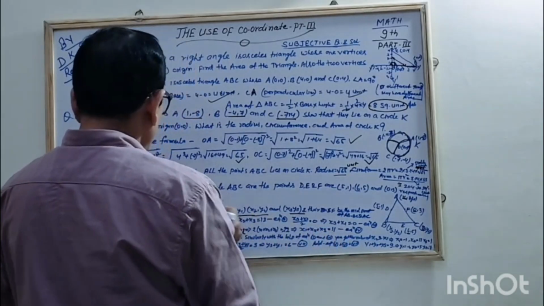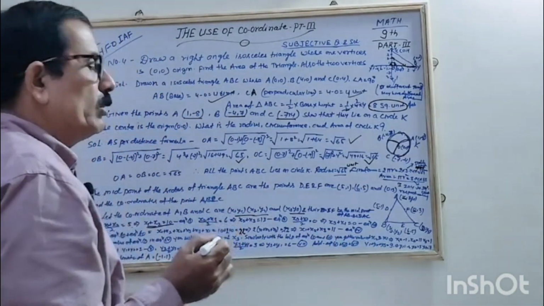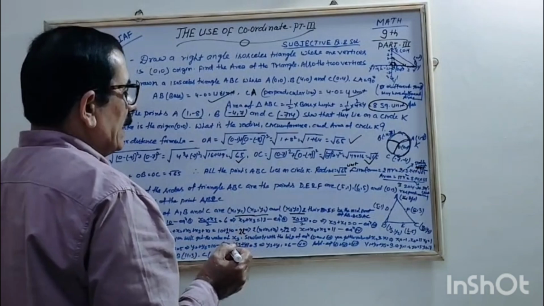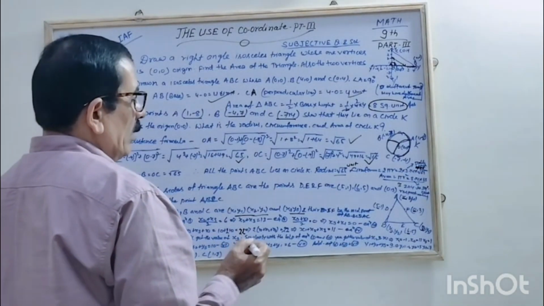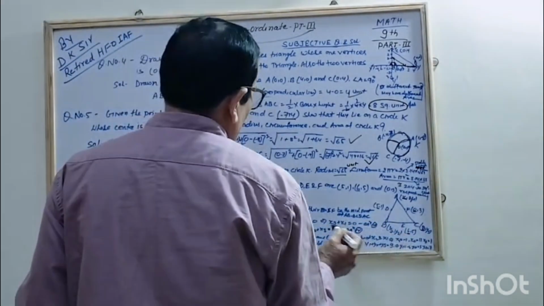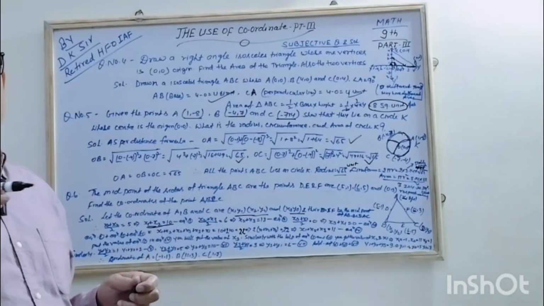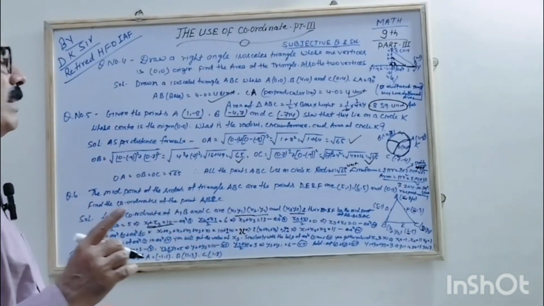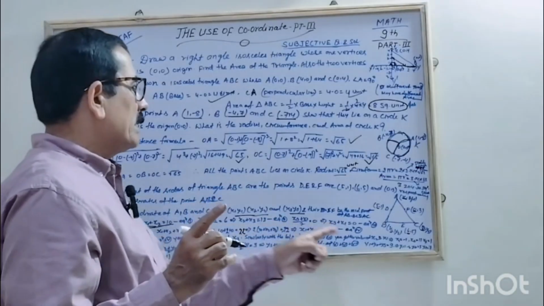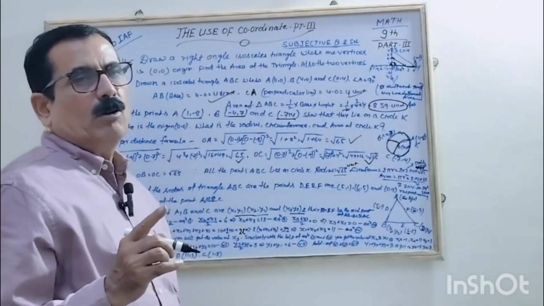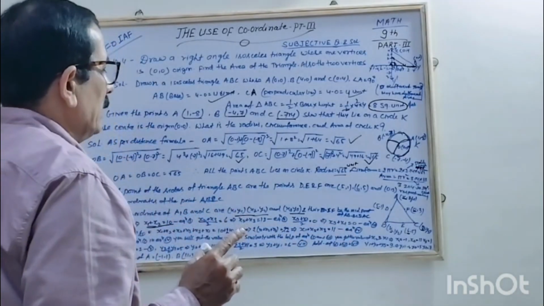When you put the value of x2 plus x3 from equation number 2, you are going to find x1. So with the help of equations 1, 2 and 3, put them one by one into equation number 4, and you can find x1, x2 and x3.